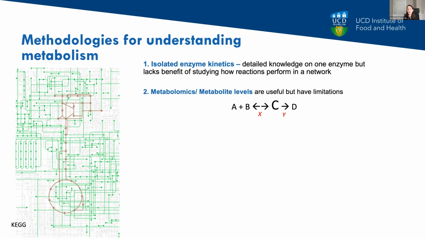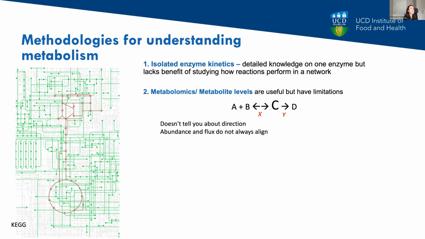And it's very good for hypothesis generation, but it does have some limitations. So for example, if you have an increase in metabolite C, you don't know if that's because of a decrease in the activity of enzyme Y or an increase in the activity of enzyme X. So it lacks that information about direction or identifying the specific node of metabolism that might be perturbed.